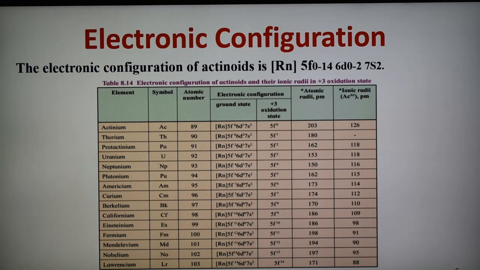After mercury we have 6 elements from thallium to radon, in which electrons enter the 6p subshell. Radon has the configuration xenon 6s2, 4f14, 5d10, 6p6.